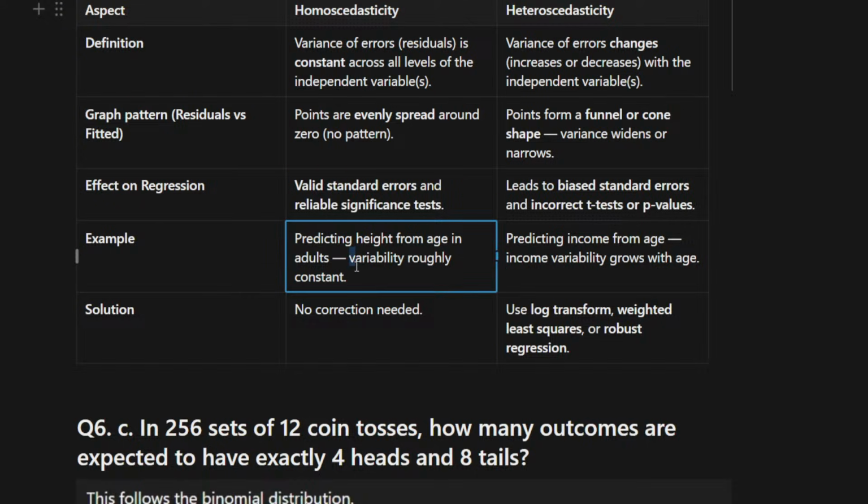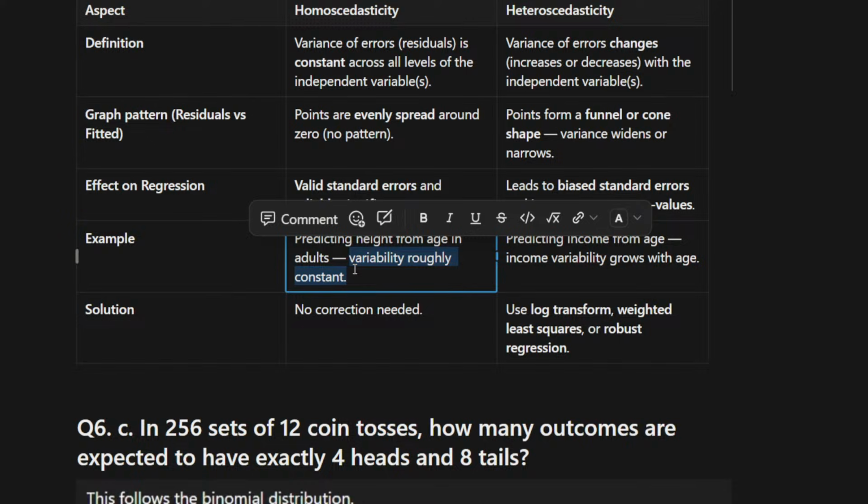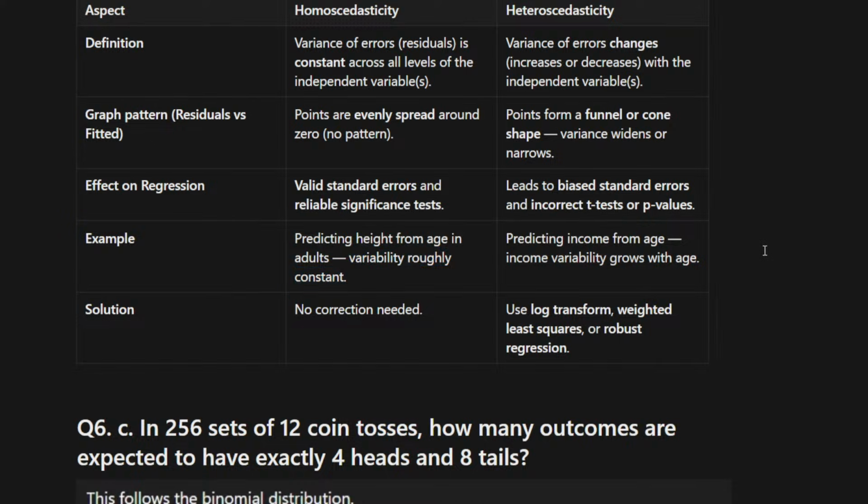If you take the data set of adults, the variance is more or less the same, right? But then predicting income from age, the variability grows with age. So as the age increases, the difference between the salaries will also increase, right?